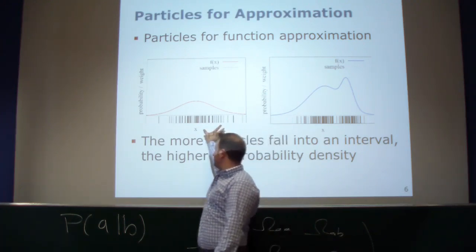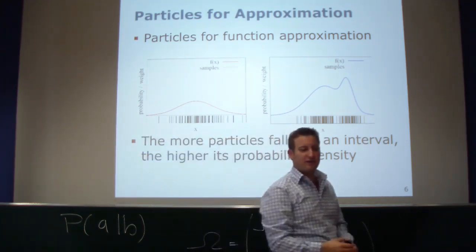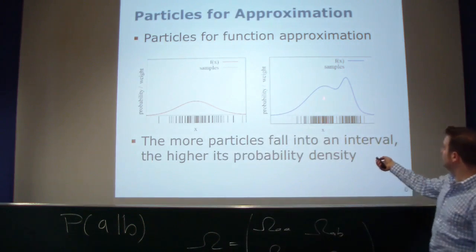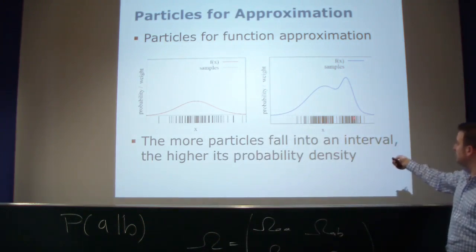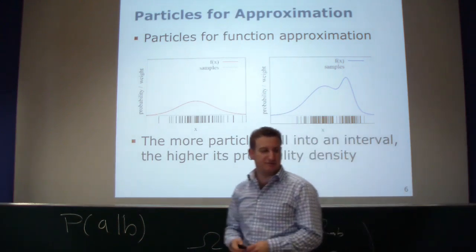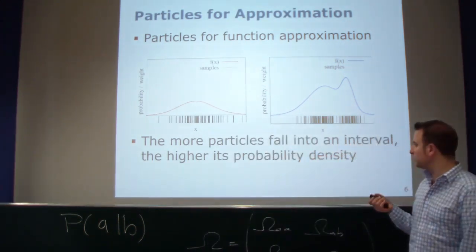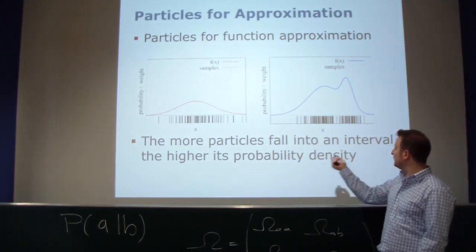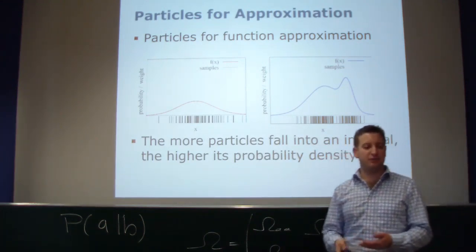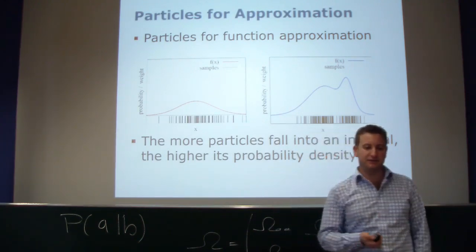But the bigger I make my interval, the better it approximates the function. And here you can see there's a peak and here's a peak, so there are more samples densely represented here. The more samples or particles that fall into one of those intervals in x, the higher the probability of this area is. That's the key thing the particle filter uses.